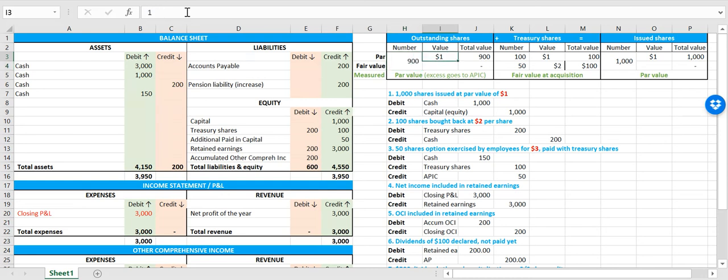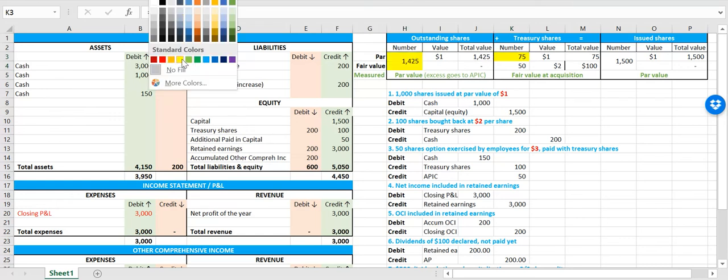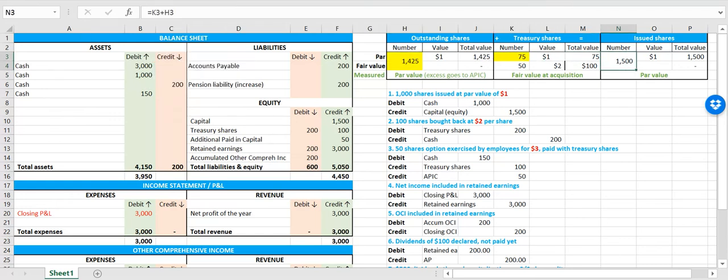Actually, I didn't show here that we moved 50 treasury shares to 50 outstanding shares. So as you can see, I increased the number with 50%. Here, I'm gonna give it a color, and this adds up to this. And since this is linked with the total value, it's automatically increased.